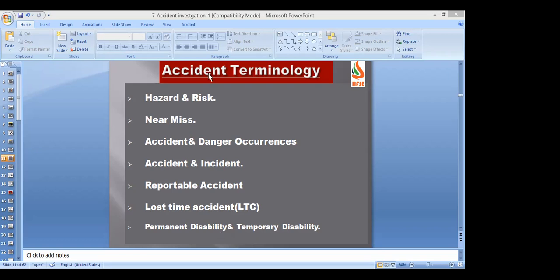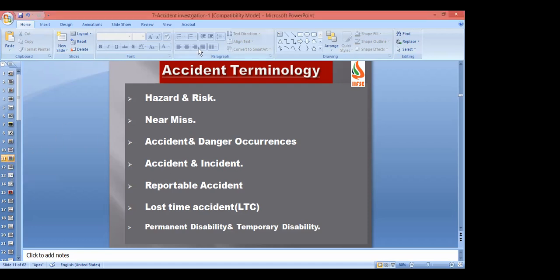That is permanent disability. Permanently he lost his organ. Temporary means a short-term disability, either 1 week, 10 days, 1 month, 2 months, 5 months, 6 months, or 10 months.